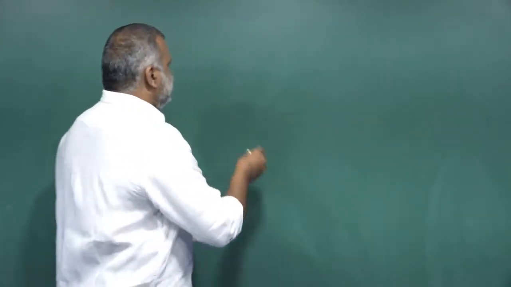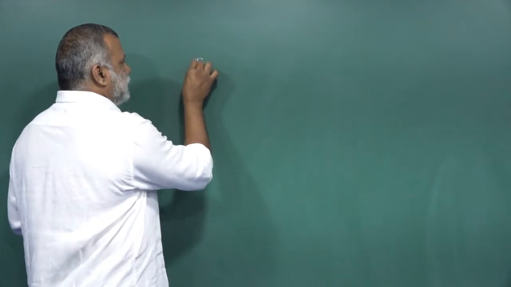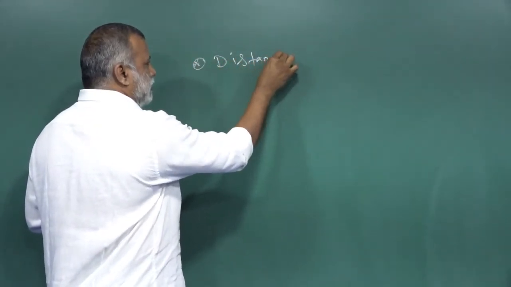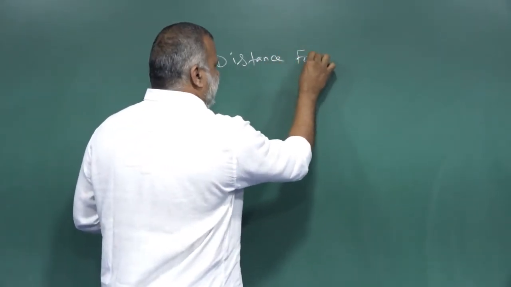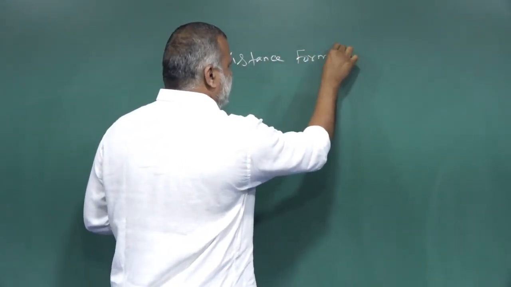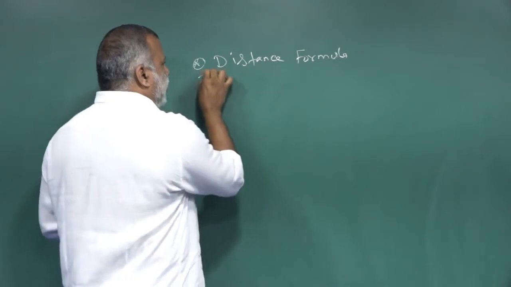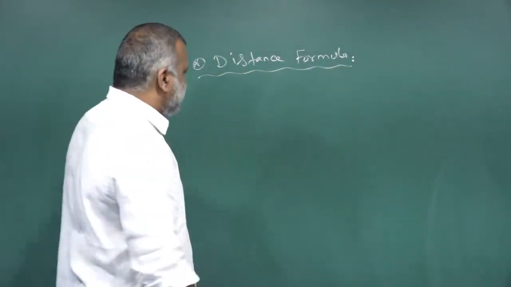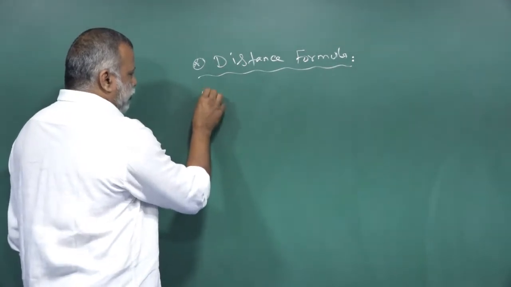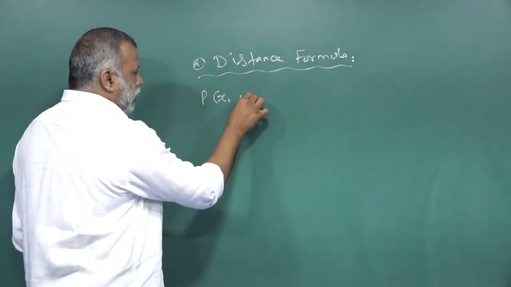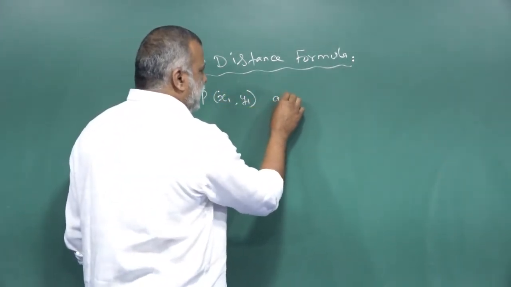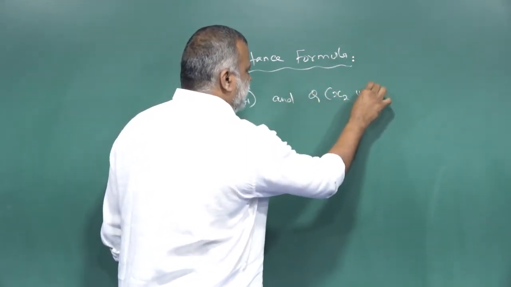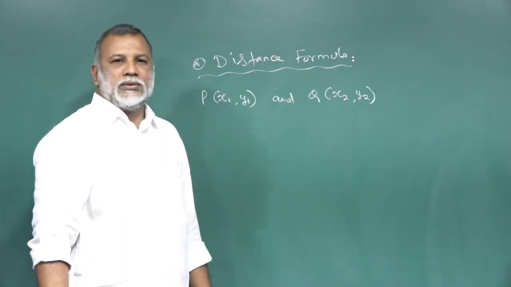For example, the distance formula. What is the distance formula? What is the meaning of this distance formula? It is the distance between 2 points. For example, P of x1, y1 and Q of x2, y2 be any 2 points.